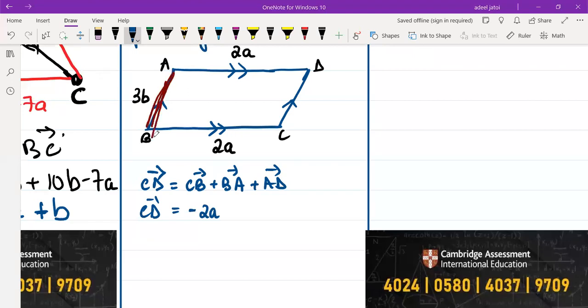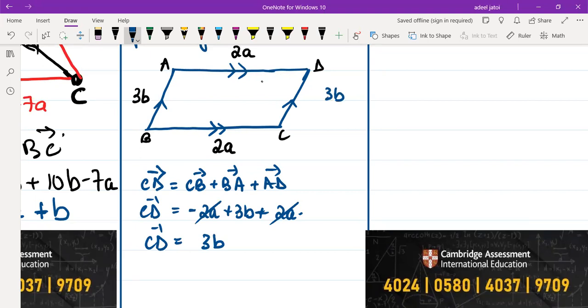We are going in the same direction as the given direction, positive 3b. And for AD, we are going in the same direction as the given direction. This is going to be positive 2a. So if you note, negative 2a and positive 2a cancel. So you are left with 3b. Hence this is proof that yes, CD can be written as 3b.